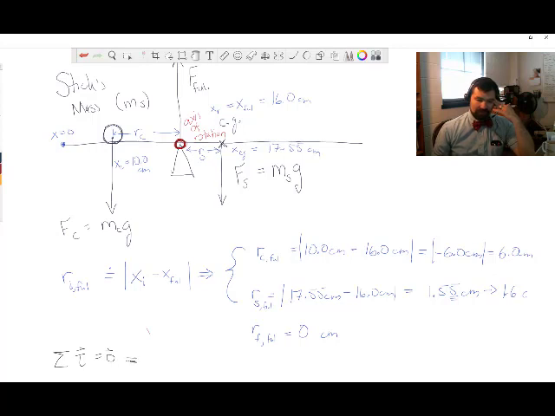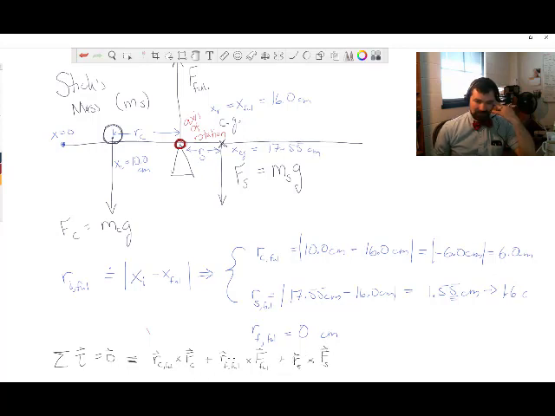This sum of torques is essentially r sub c fulcrum crossed with f sub c, and then r sub f fulcrum crossed with f from the fulcrum, and then r for the center of gravity, or r sub stick, crossed with f for the stick.